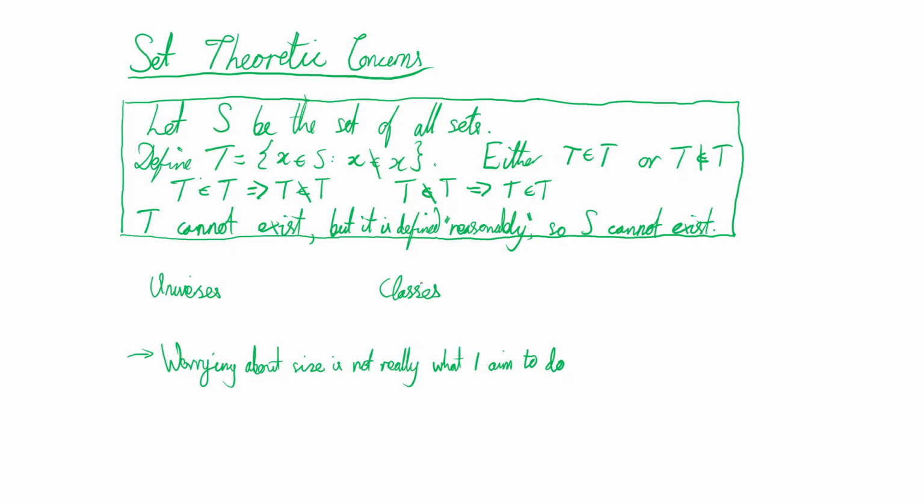I quite like Bourbaki's other option, which is classes, where we give ZF set theory. So this is Zermelo-Fraenkel, I think, with the axiom of choice, and we extend it by adding something called a class. Now, a class, we can relate classes by set.